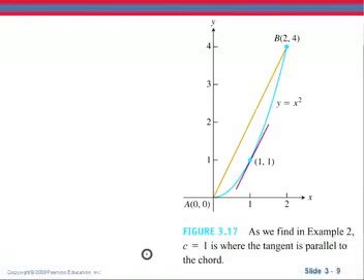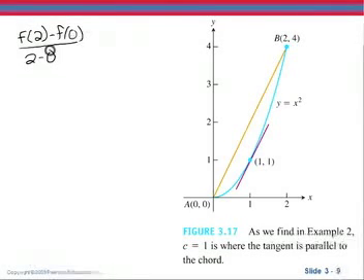Now here's another example. We have y equals x squared in between (0, 0) and (2, 4). And we want to find the place where the tangent line is parallel to that chord between those two. So what we do is we take f of 2 minus f of 0 divided by 2 minus 0.